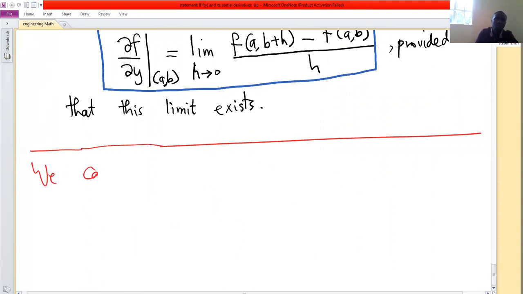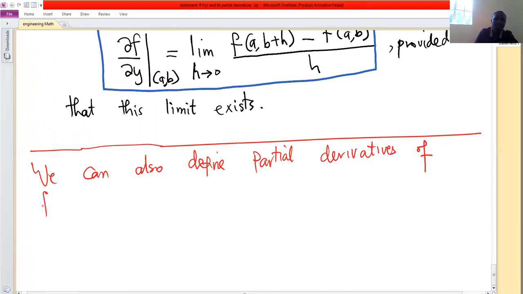We can also define partial derivatives of functions of more than 2 variables in a similar manner.